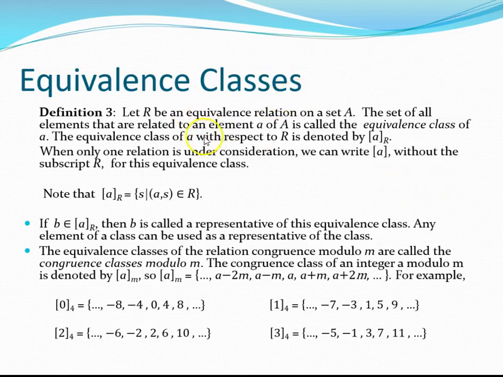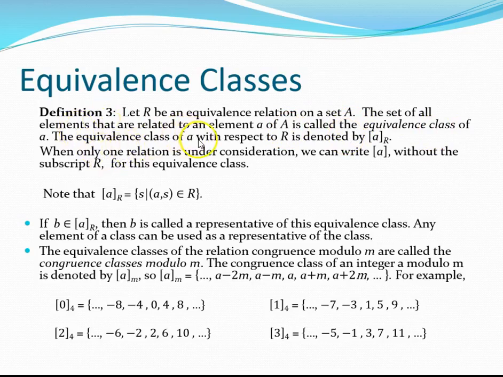Equivalence classes. Definition 3. Let R be an equivalence relation on a set A. The set of all elements that are related to an element a of A is called the equivalence class of a.